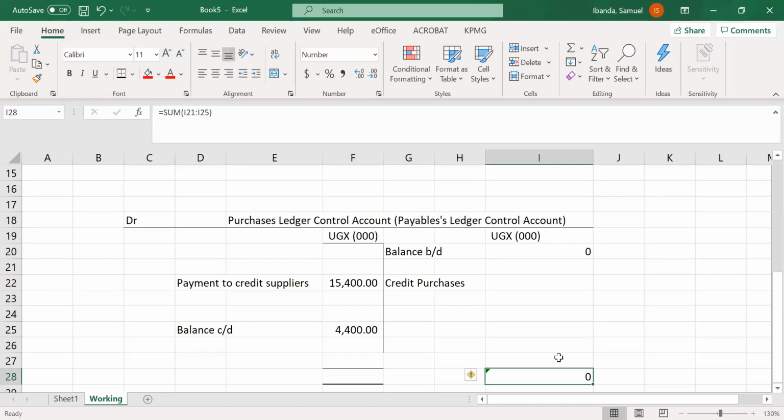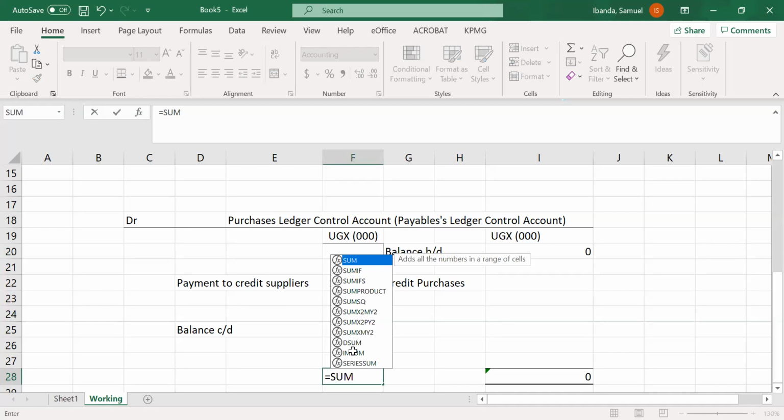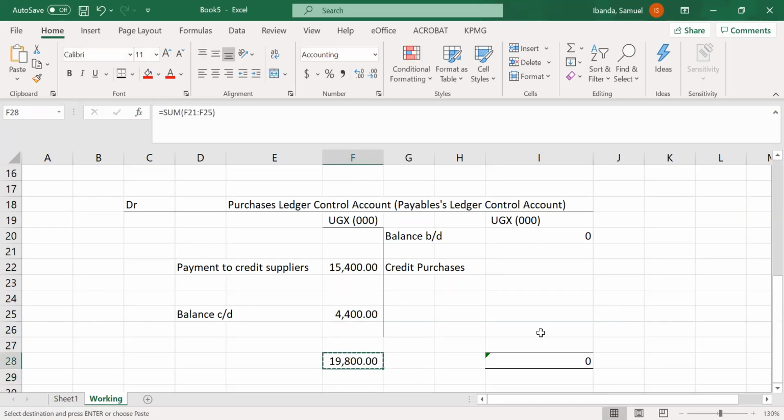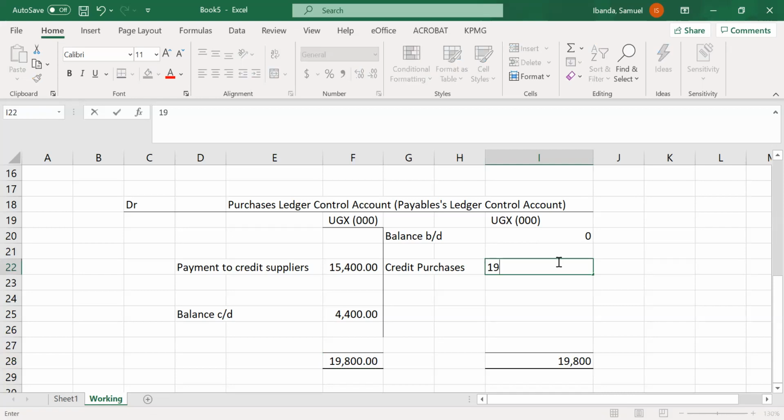This side is 0. This side sums up to 19,800, so this side will also need to be at 19,800. But unfortunately, we don't have credit purchases, so this difference goes to credit purchases. So ideally, your credit purchases is 19,800.